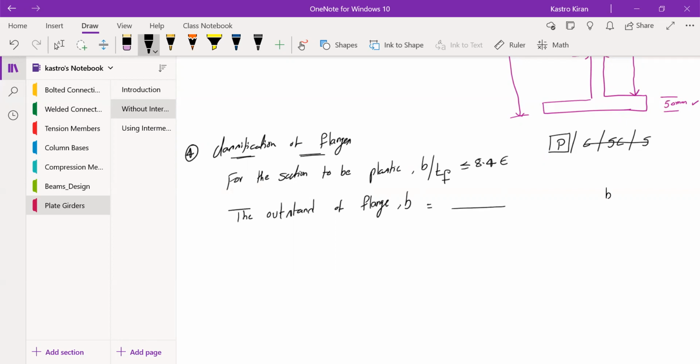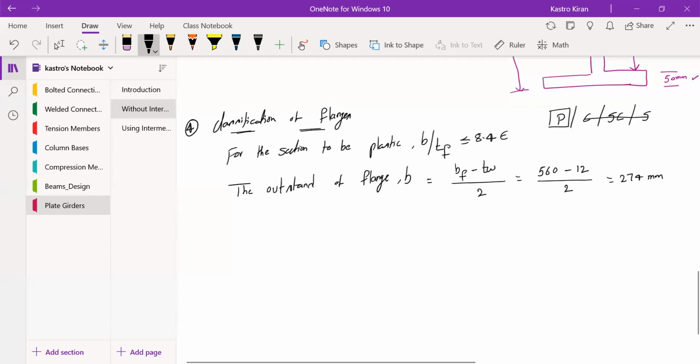In the earlier problems the value of b was directly taken as bf by 2. But in a plate girder the value of b is not bf by 2. You should not go for this. The value of b is taken as (bf minus tw) divided by 2. This is the formula in plate girders. So the width of the flange, which is 560, minus the thickness of the web, which is 12, upon 2, will be 274 mm. This is the value of b.